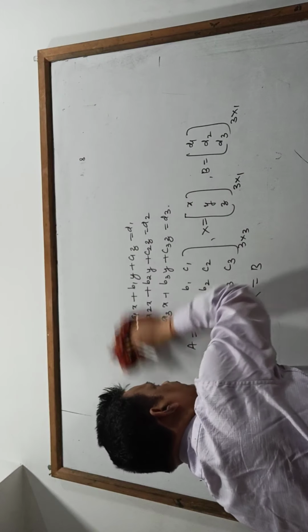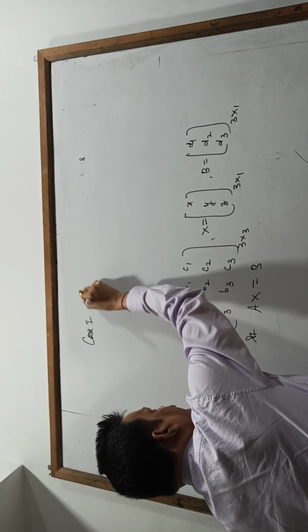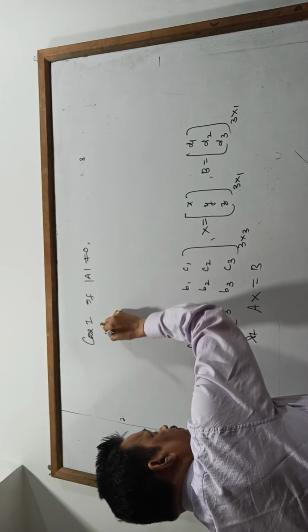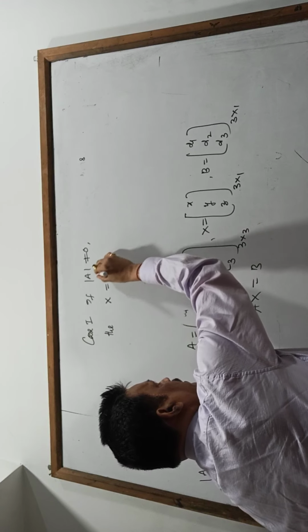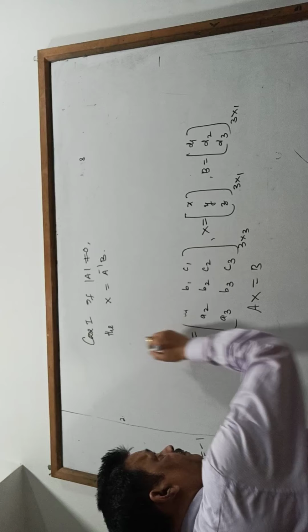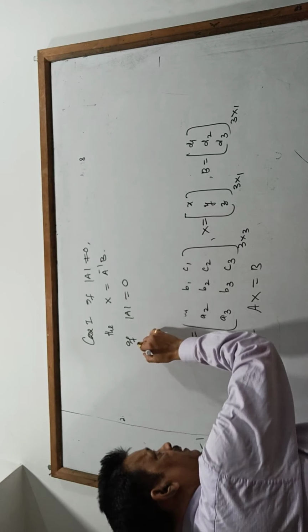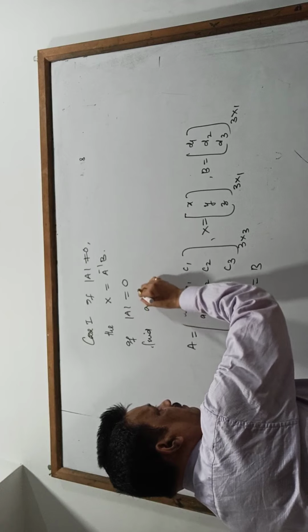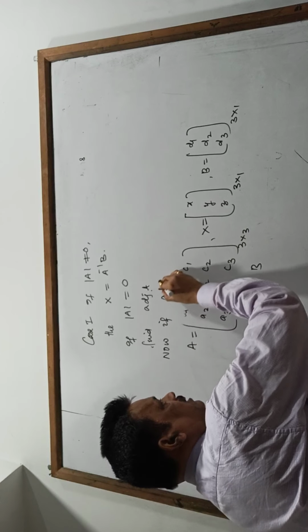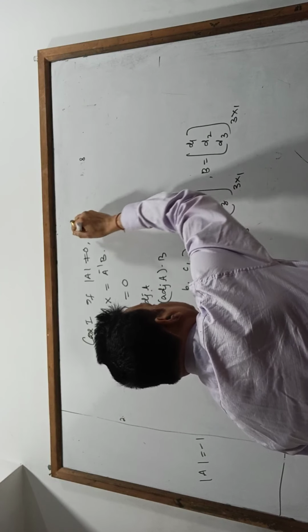For the conditions we have case 1. If the determinant of A is not 0, then X equals to A inverse B. That means we will find A inverse multiplied to B. But if the determinant of A equals to 0, then first you find adjoint of A. Now, if adjoint of A into B, so this is consistency.